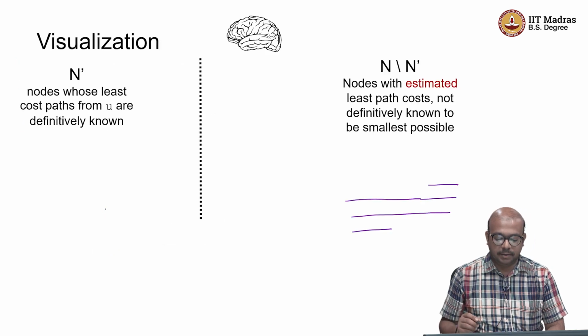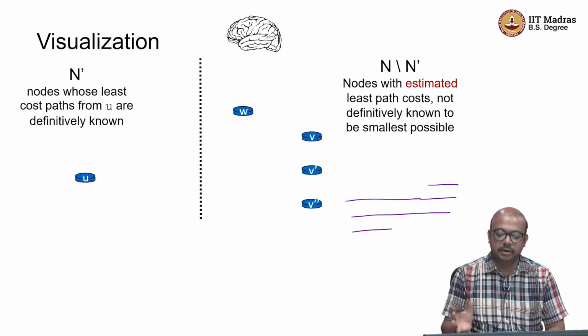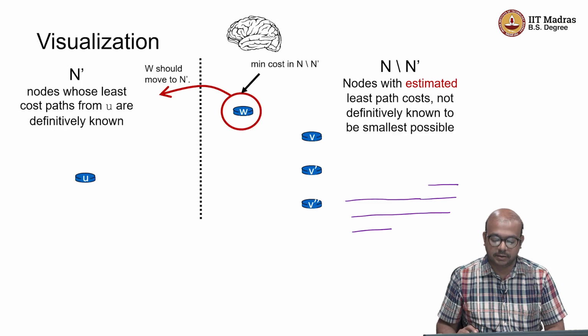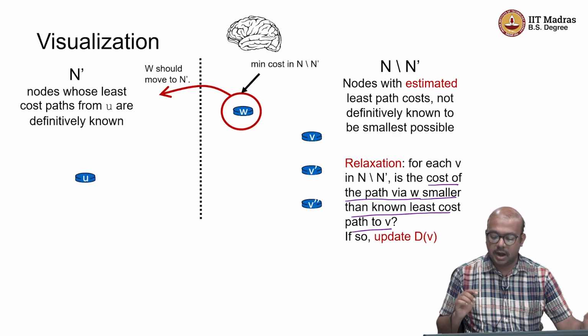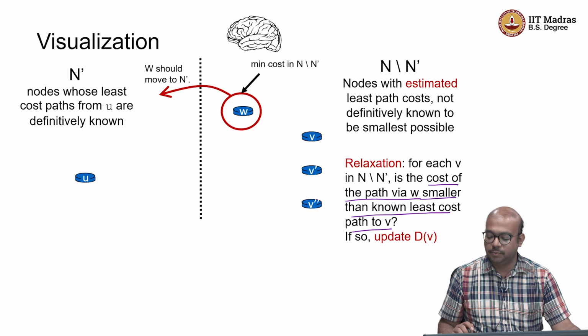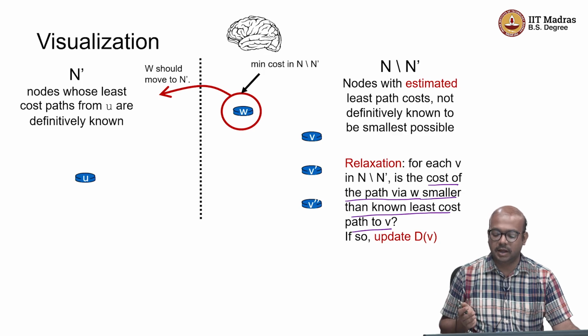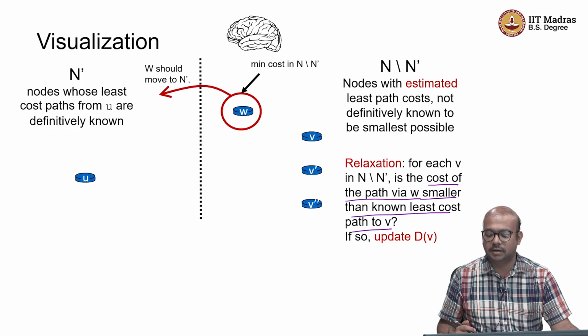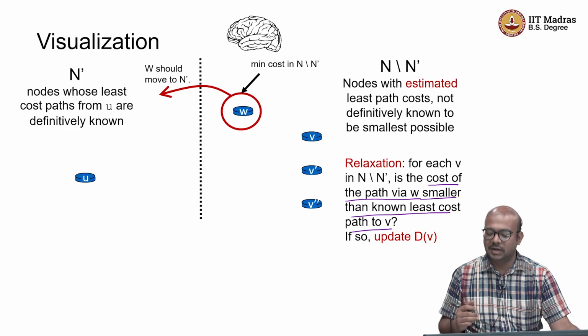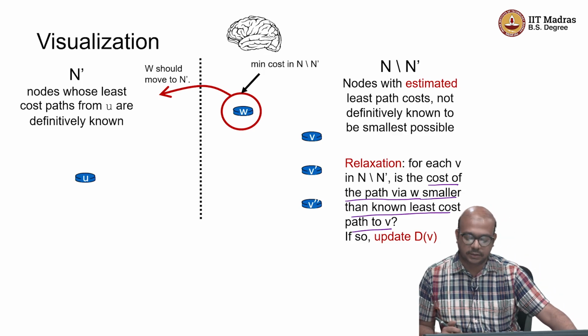So, at every step we are moving these W's to the N prime set, and also at the relaxation step we ask this question that okay fine, W is certainly known, I know that W is the candidate whose least cost path is known. Now, I have the other nodes where I am not fully sure whether the least cost path is known or not, or the least cost distance, which is the dV, is known or not.